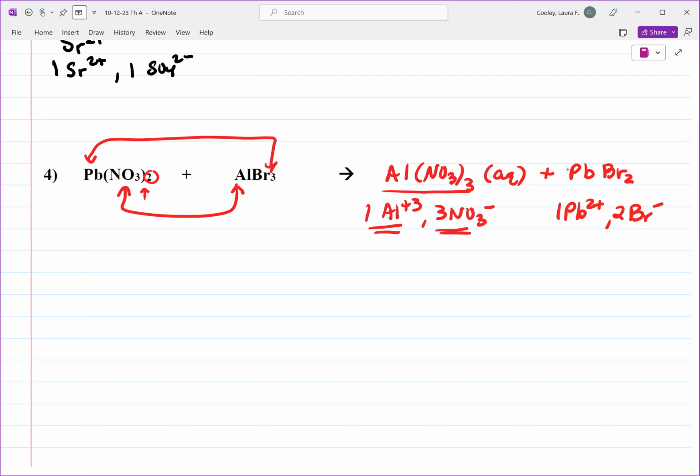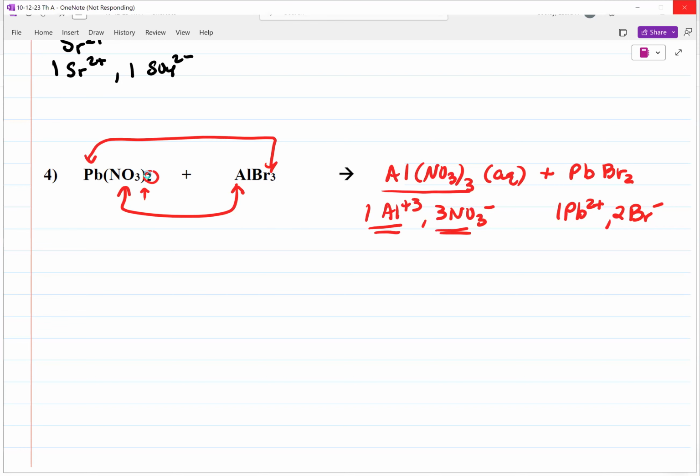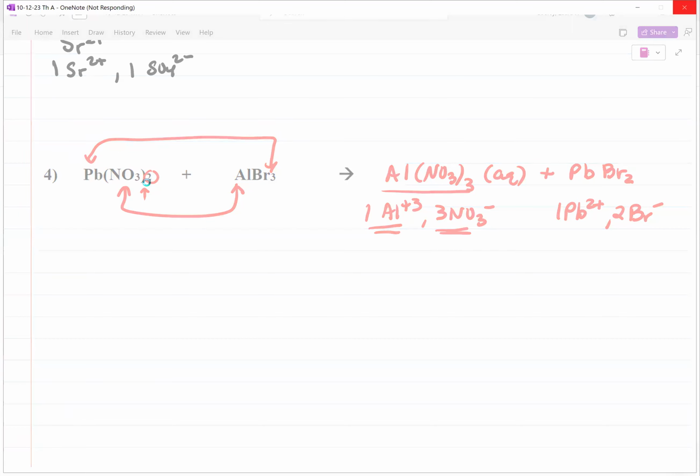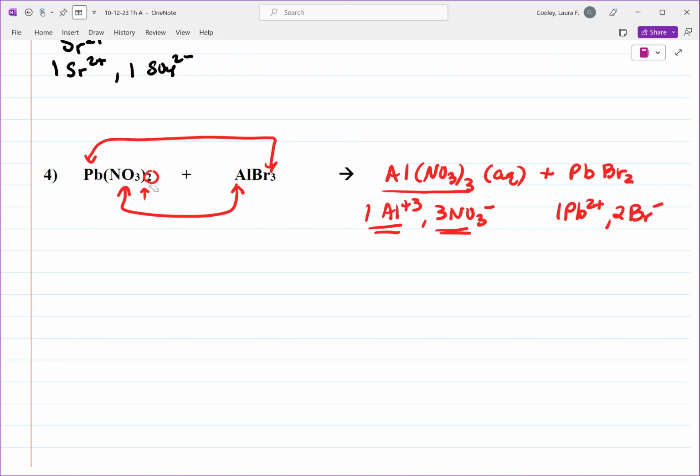The 2 will come into play later when we have to balance the equation. But it's essential. This is a mistake that students make all the time. Do not base your formulas on the right on the subscripts that are used on the left, right? The subscripts on the left are because of the particular anion-cation combination and that you need a neutral compound.